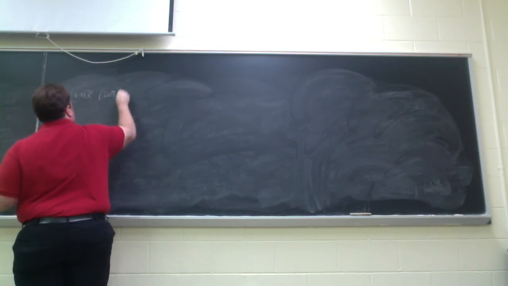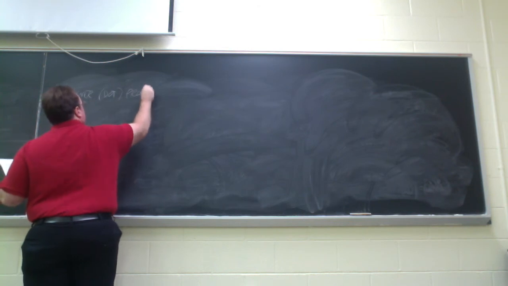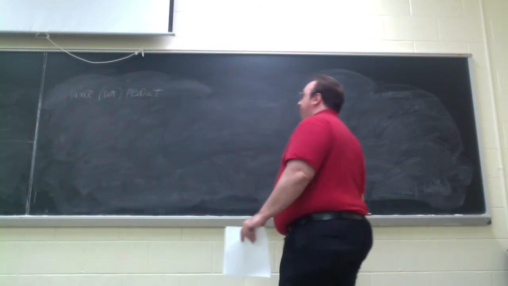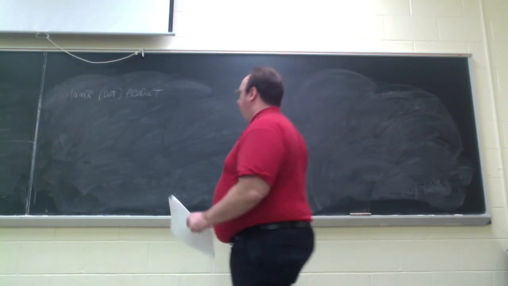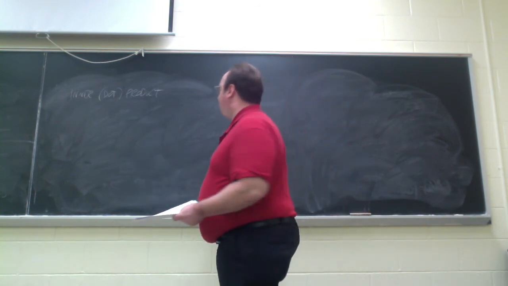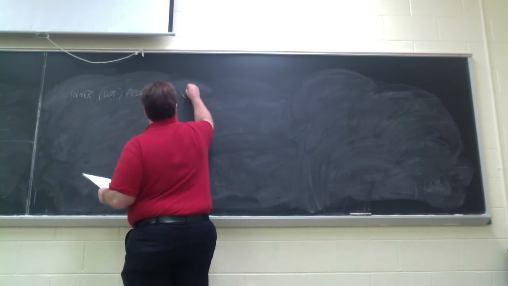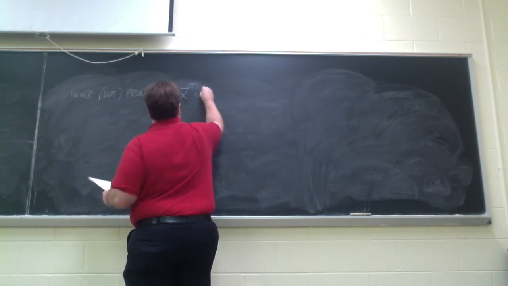I mentioned dot product before, so the way we could express dot product, also known as an inner product, using the notation that we've seen so far, like using matrix multiplication and transposes, is x transpose y.